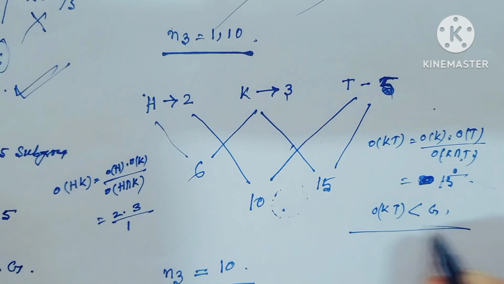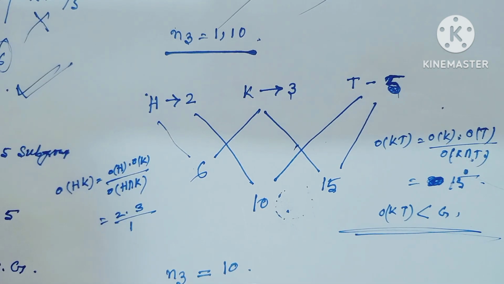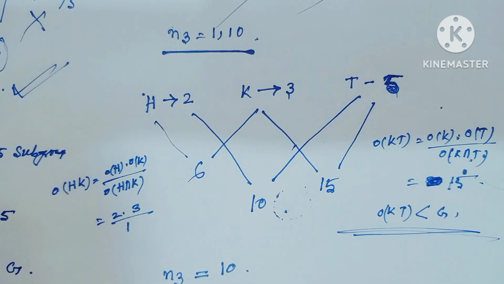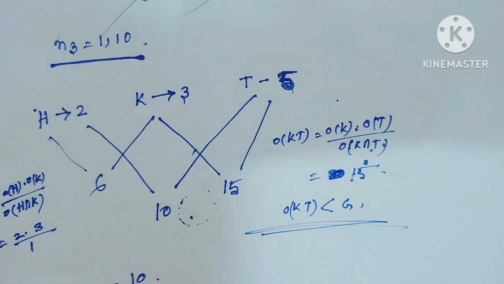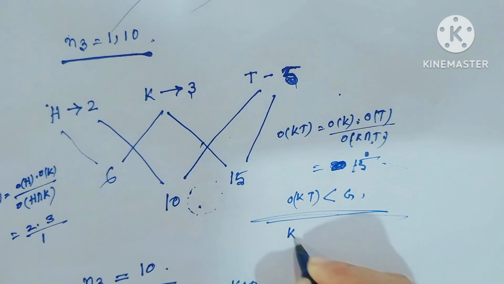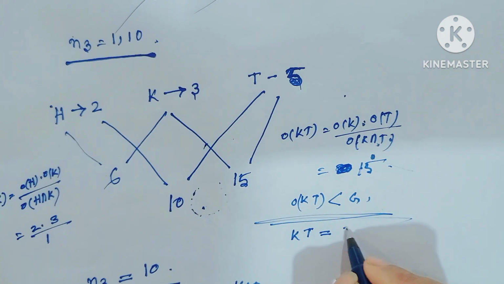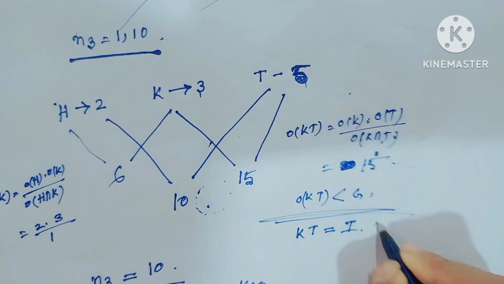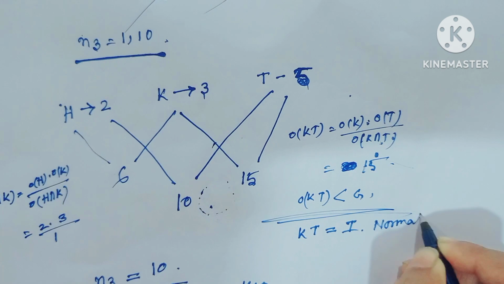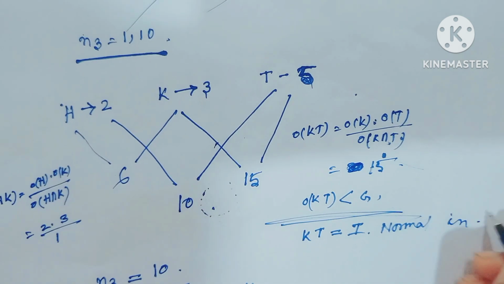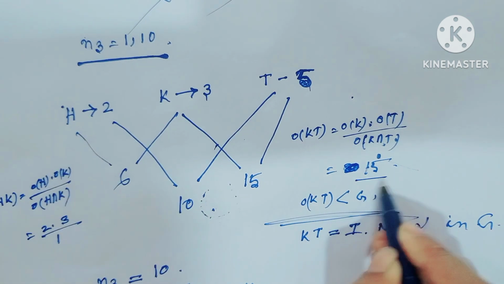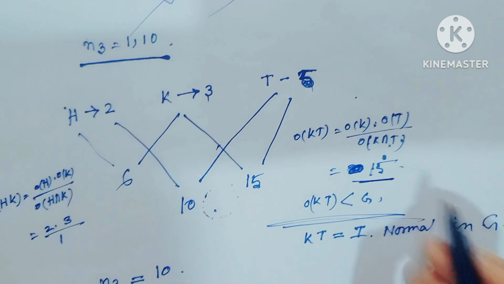So this is always a subgroup of the group G. And if we consider KT, this subgroup, if we consider it as I, this is also normal in G, because here the order of KT equals 15.